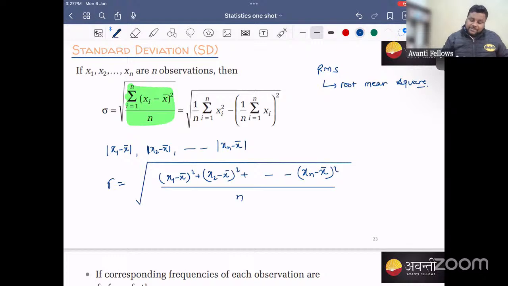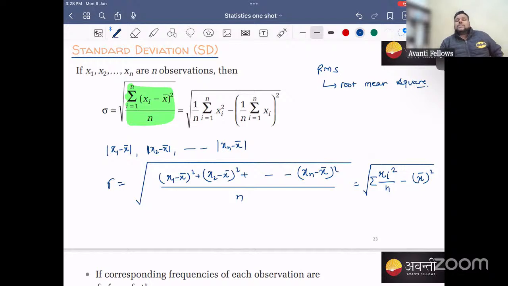Now, if you simplify it, you get the result: the square root of sigma xi square upon n minus x bar square. I remember it as the mean of squares minus the square of the mean, under root. This is what standard deviation is.